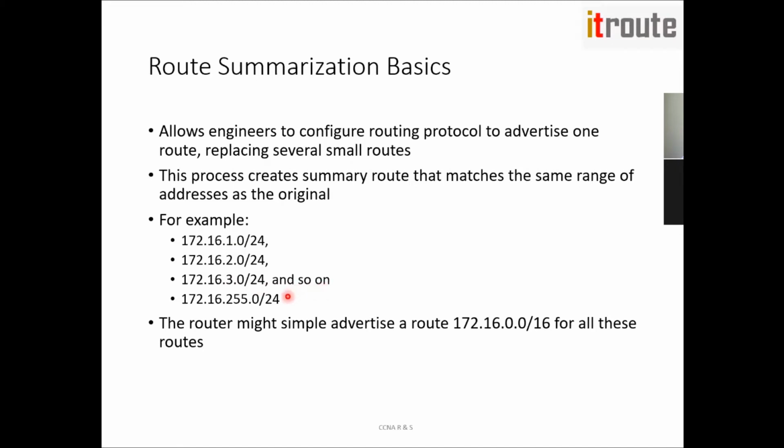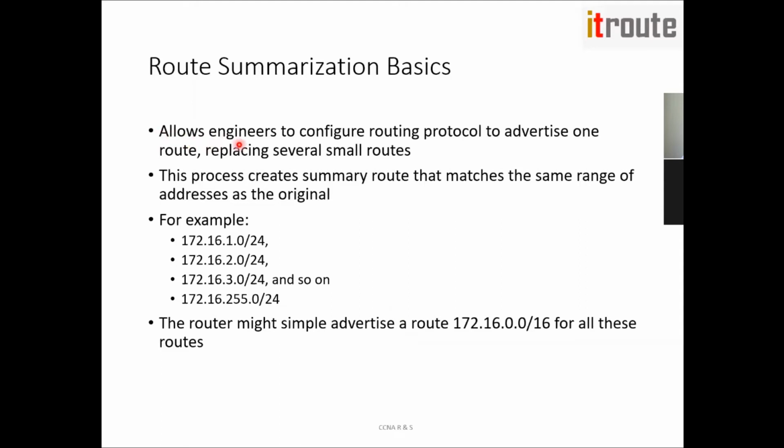Route summarization says we can advertise one simple route such as 172.16.0.0/16, which contains all the other small subnets. In this way, instead of advertising 10 different subnets, we can advertise only one subnet, and it will be easier for the router to process the routes.